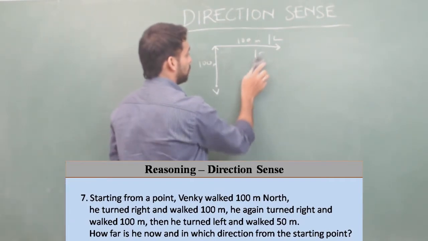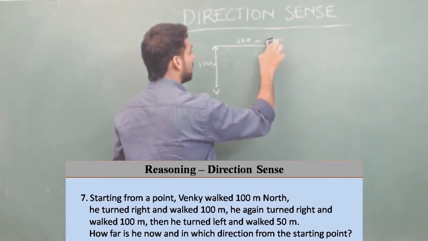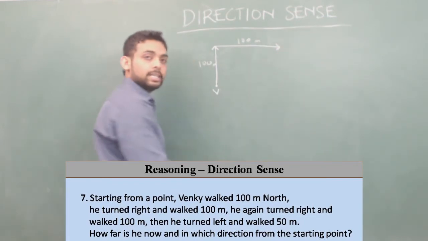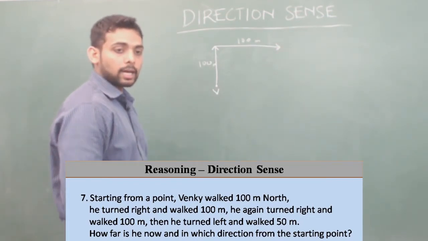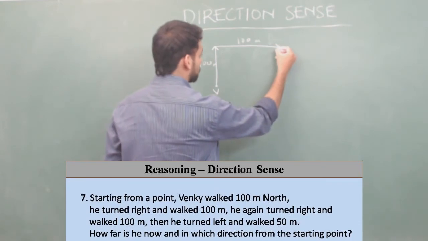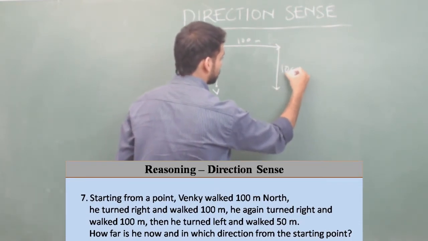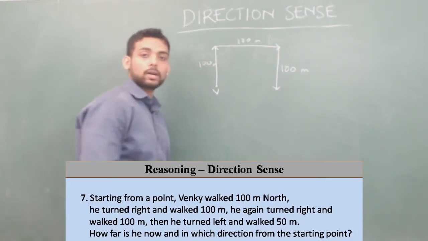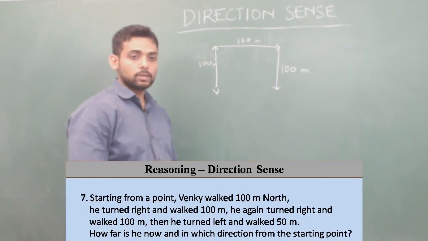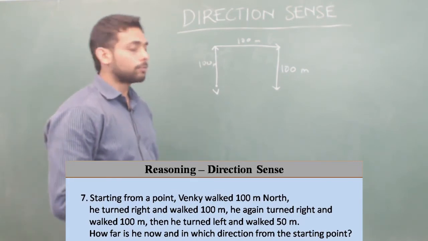So we see that Venki again turns right and he walks 100 meters. Then he turned left and walked 50 meters.